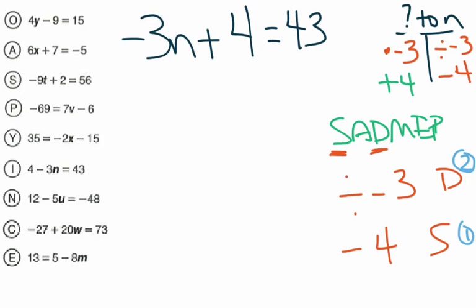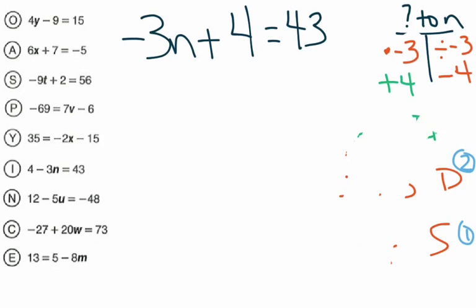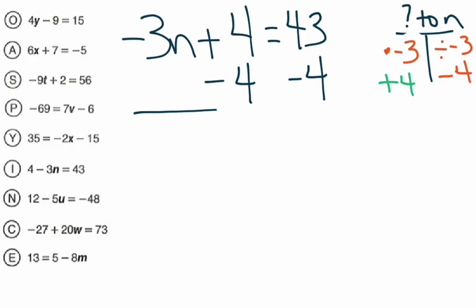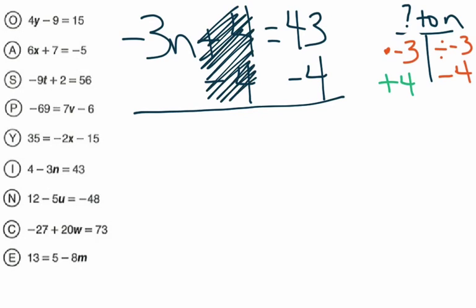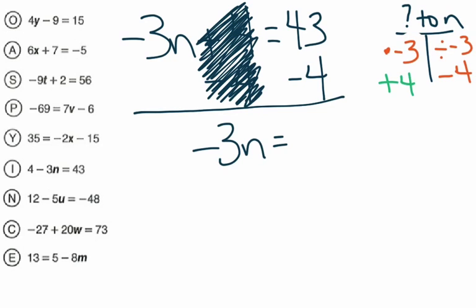So I'm going to give myself some space. So we're going to subtract 4 first on both sides. These 4s go away. And we're left with negative 3n equals whatever 43 minus 4 is, which is going to be 39.